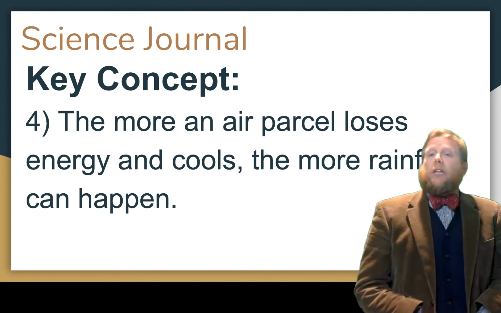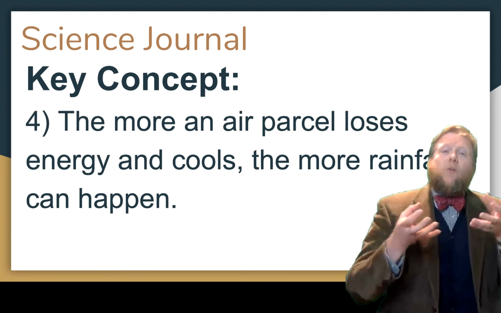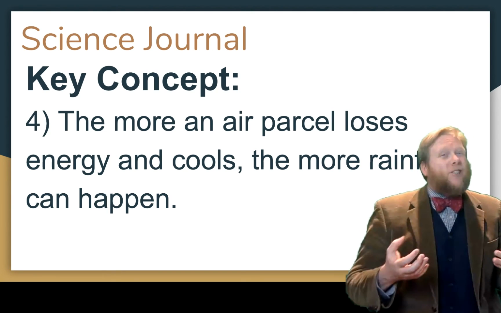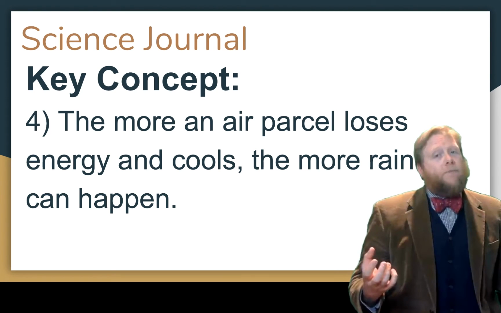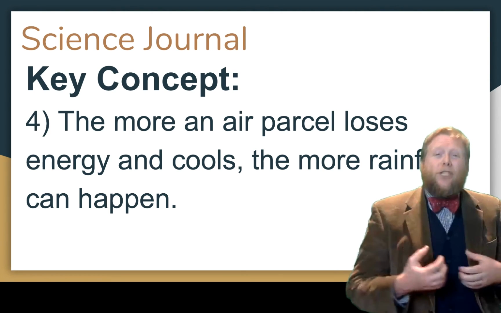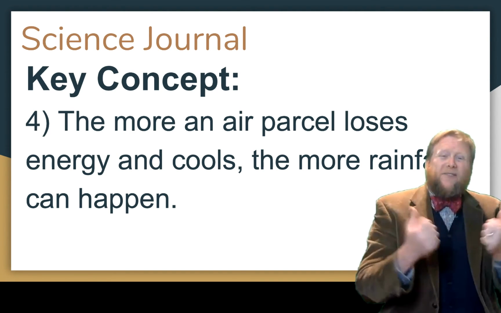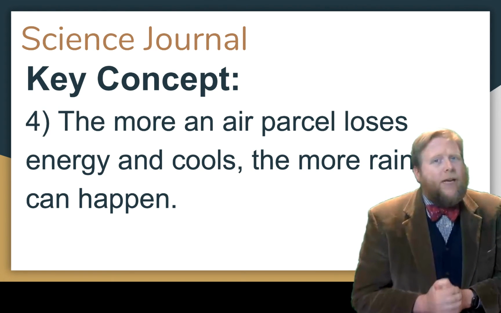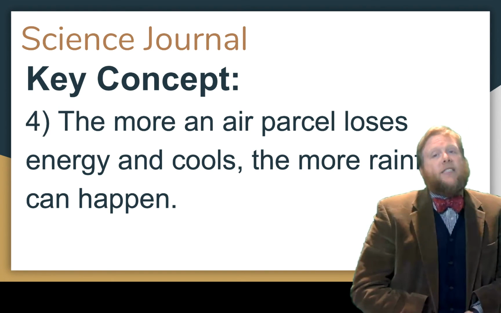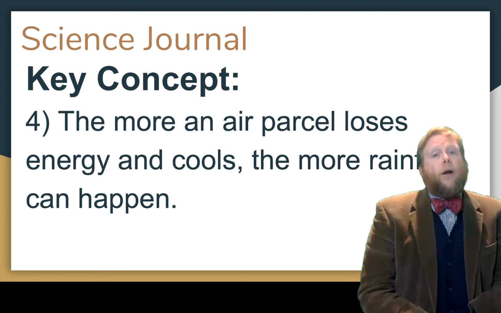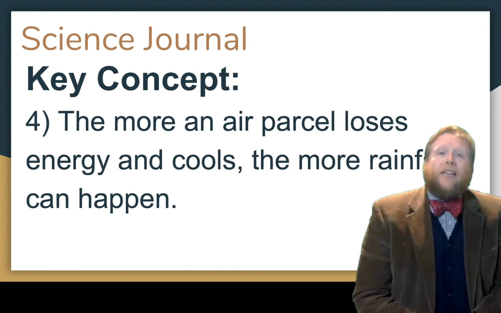So, if you want a really large rainstorm, you need really warm air in an air parcel and really cold air in the surrounding. And when that air parcel gives energy to the really cold air around it, it's going to lead to lots of condensation, lots of liquid water. Eventually, that's going to lead to lots of rainfall.